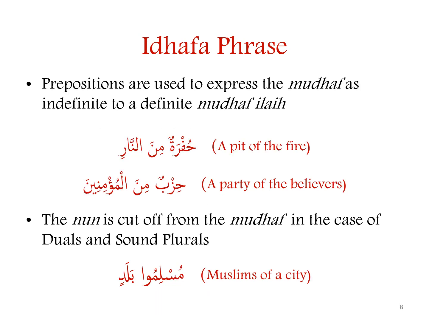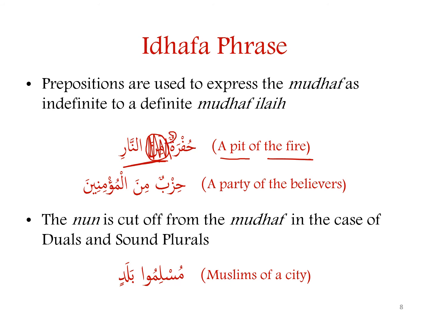What you would do is put a preposition between. So prepositions are used to express the mudaf as indefinite to a definite mudaf ilay. So if I wanted to say, for example, a pit of the fire, I would have to say hufratun minan nar. So I put the harf jar here, preposition, to say that. If I didn't have this harf jar here, now this would have no tanween.